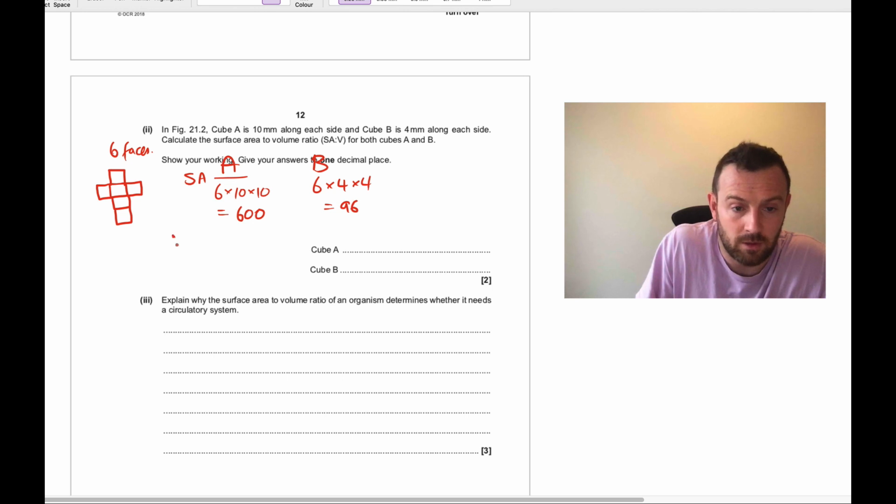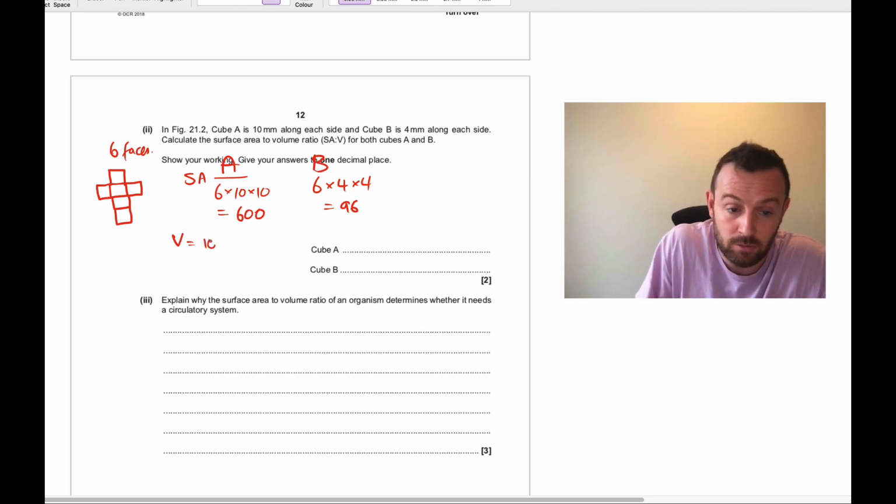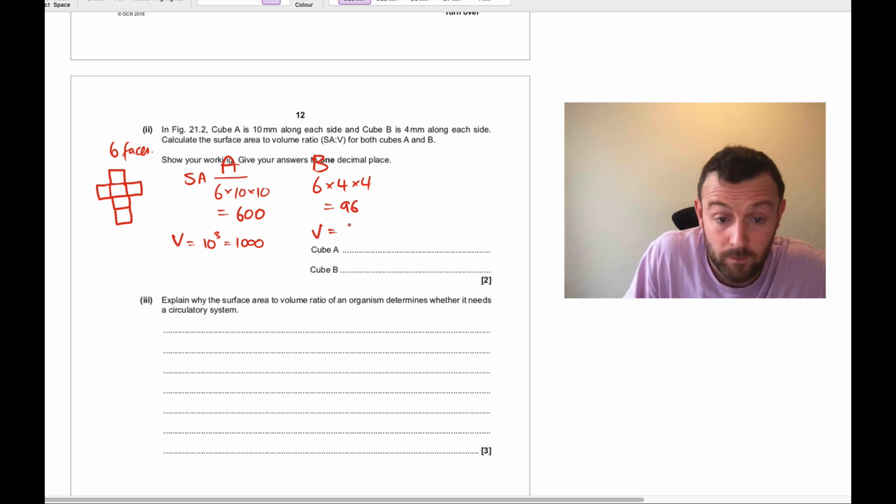What about the volume? The volume for A is 10 by 10 by 10, or 10 cubed, which is equal to 1,000. And the volume for B is 4 cubed, so 4 times 4 times 4, which is equal to 64.